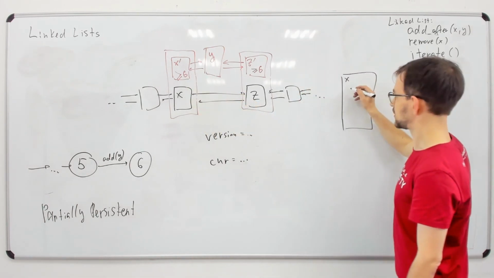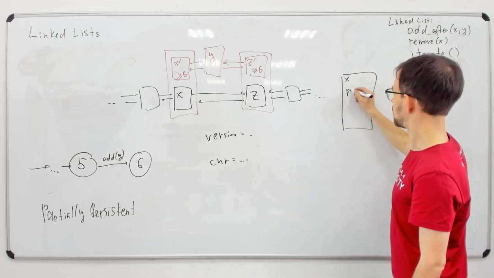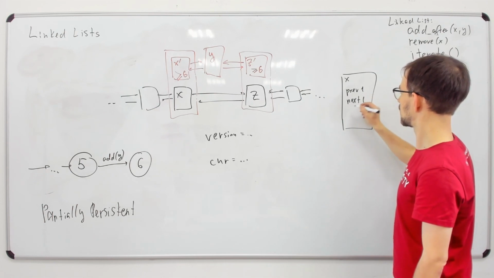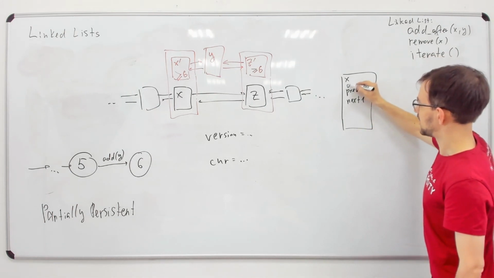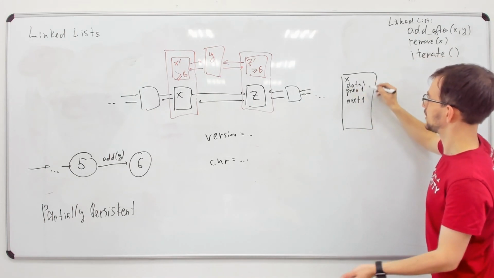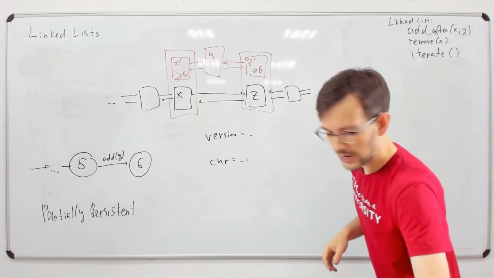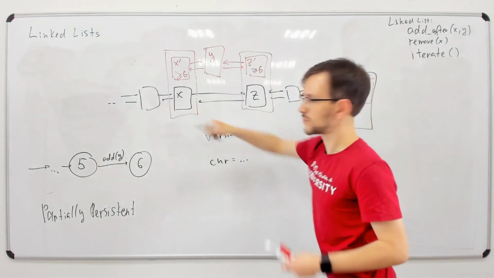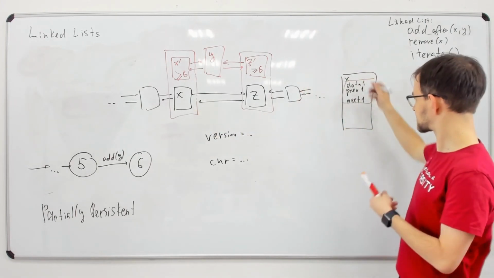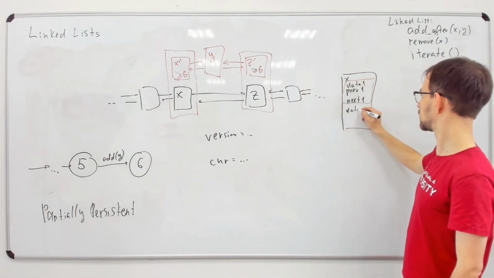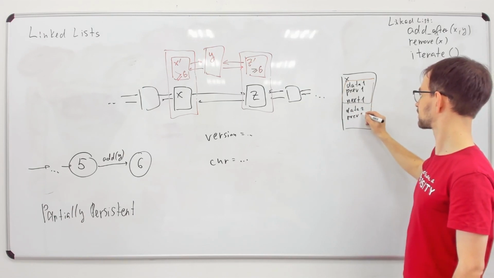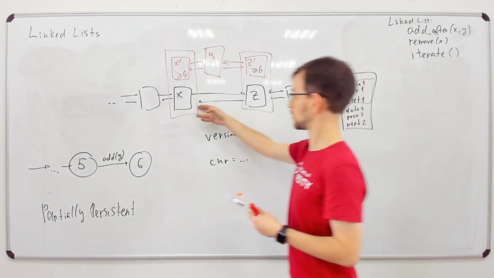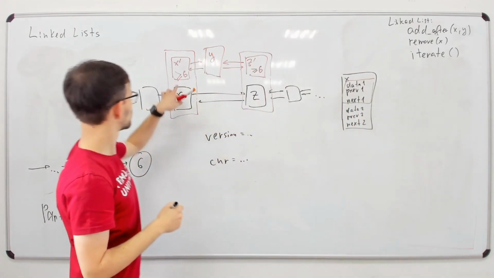You have these fields, like previous, next, and some data. We also have some data, right? So we have these fields for the first version of node x, and another set of the same fields for the second version of this node. And you also know this version, yes?